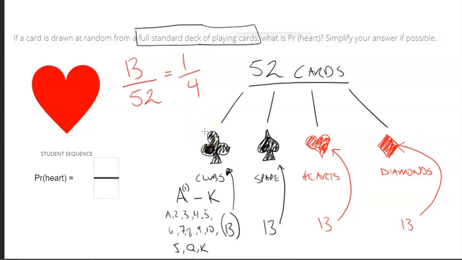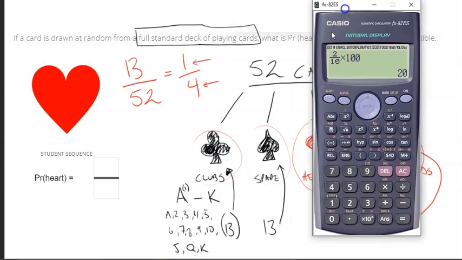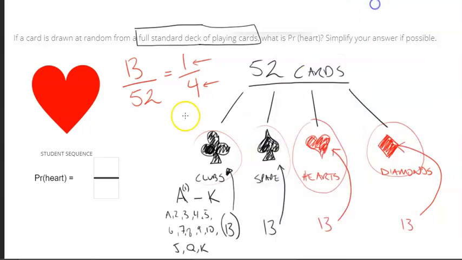And it has to, because if one of them is hearts, the other 3 belong to different suits. 1 out of the 4 different suits has to be hearts. And you can double check this. You can simplify this on your calculator. 13 over 52 will equal 1/4. Okay? So in this case, our answer is 1/4. And that's the probability of obtaining a heart.